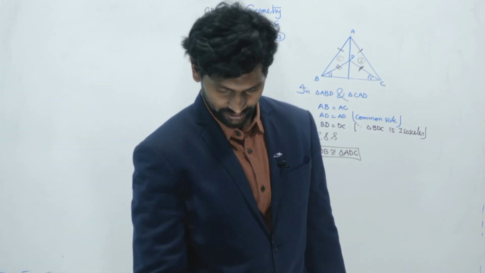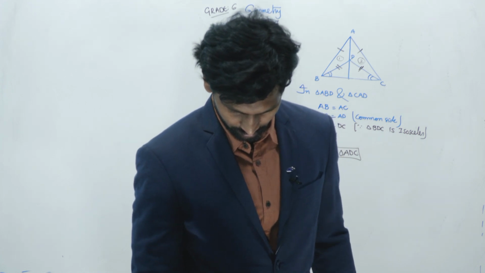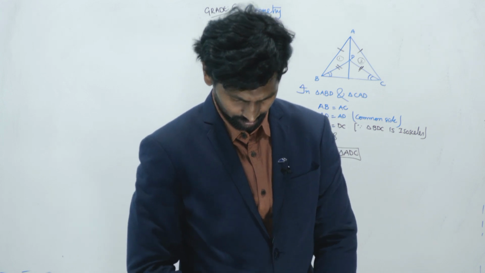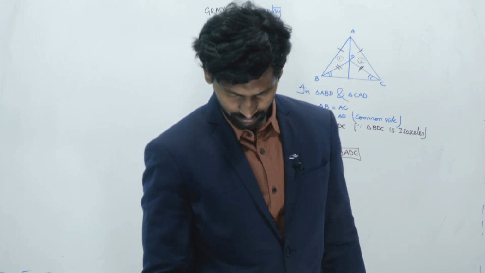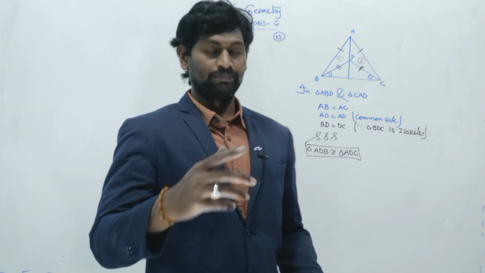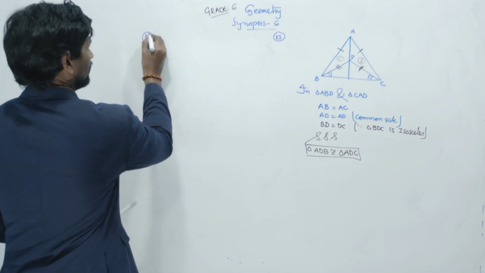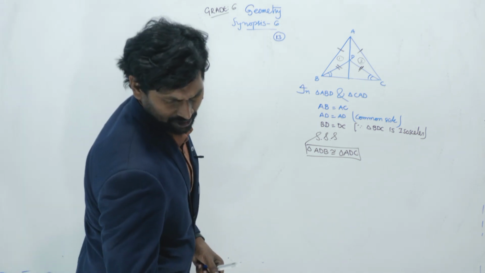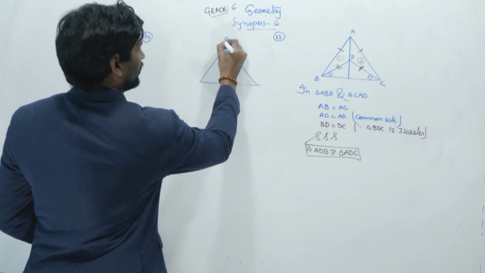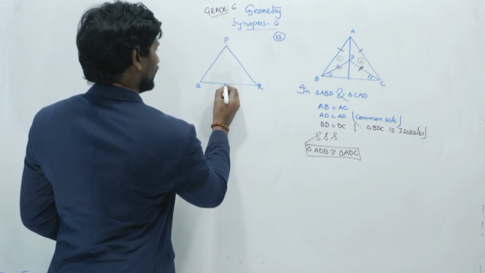Question number 14: in the given figure, LM equals LN. Let me draw the diagram here. PQR is a triangle, and M is a point.